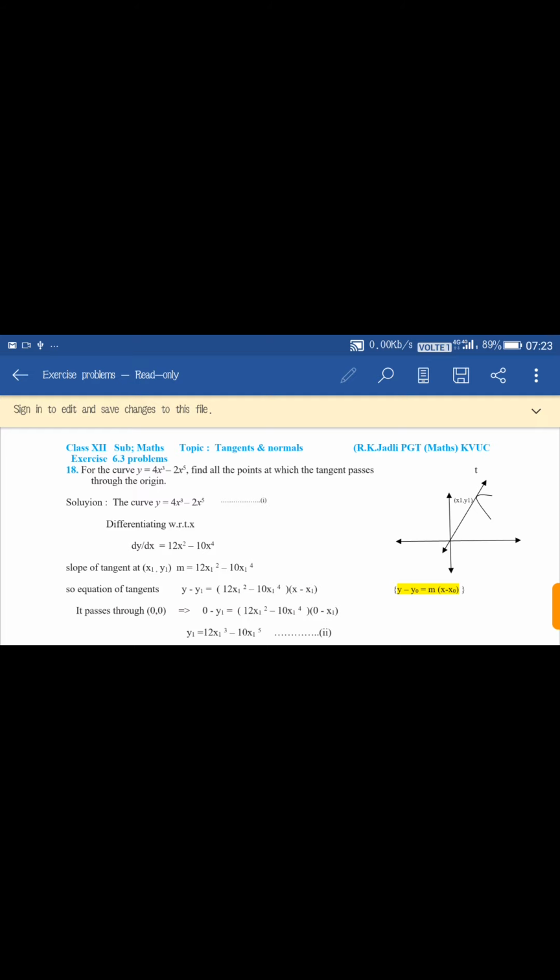Here there is a difference between other questions and this question. It shows that the tangent passes through the origin, but the intersection point of the tangent and the curve is not the origin. The origin is a different thing.